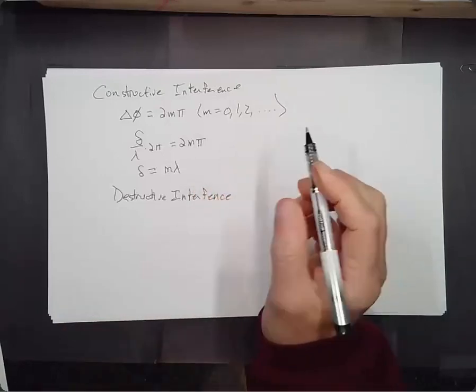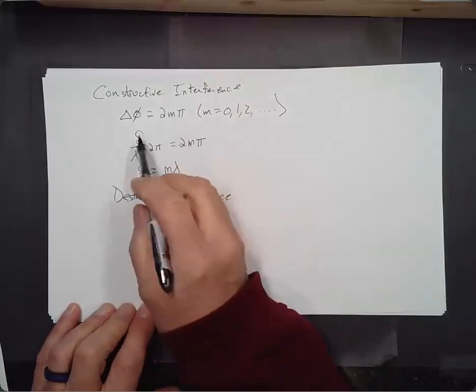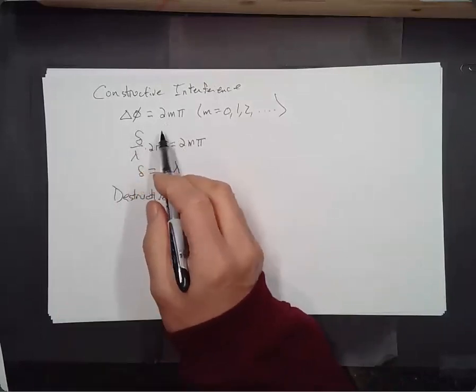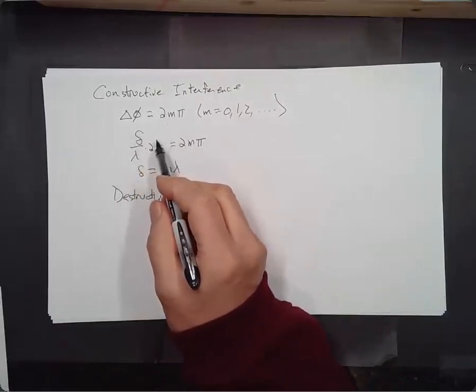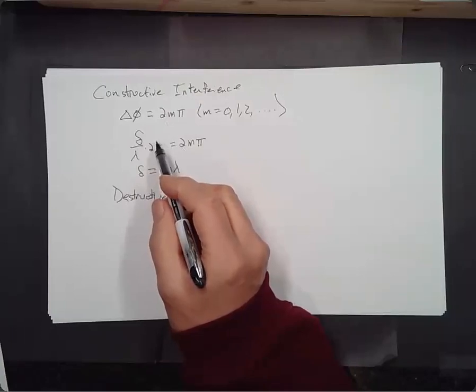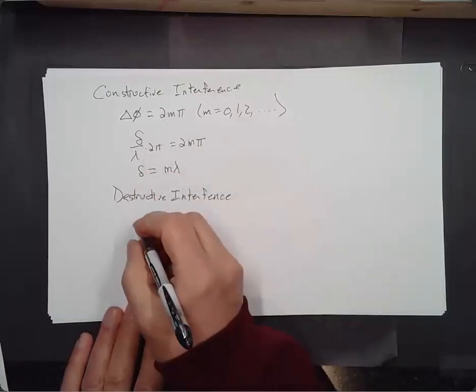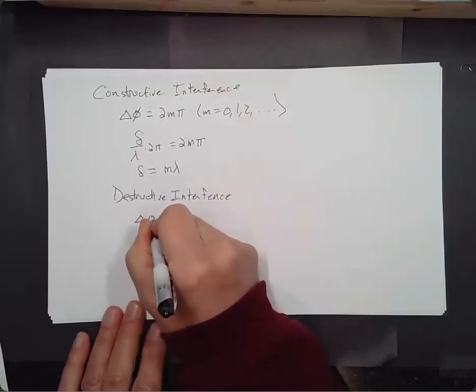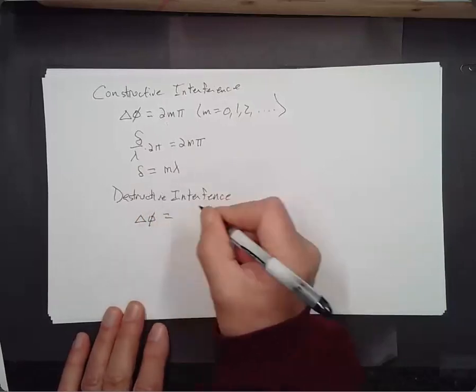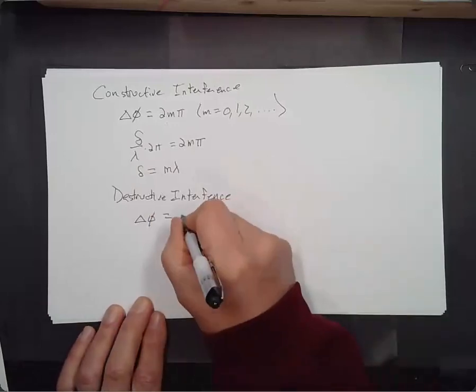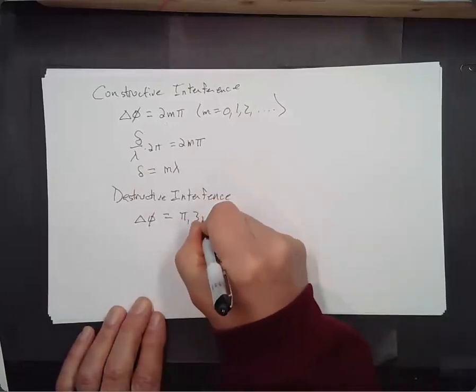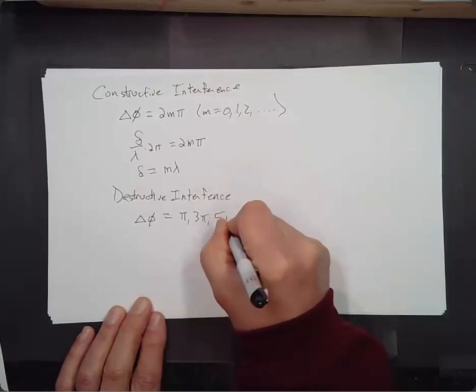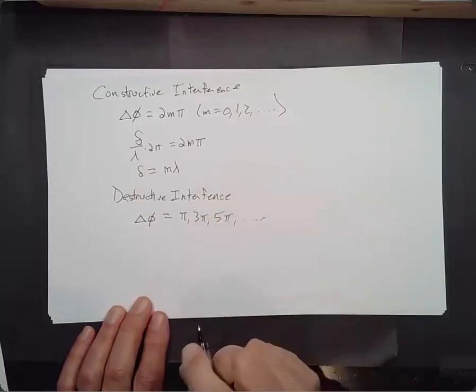So destructive interference, in that case, the phase difference is going to equal odd numbers of pi. And that's going to be kind of weird. Well, how do I get odd numbers of pi? Well, that would be pi, 3 pi, 5 pi, and so forth.